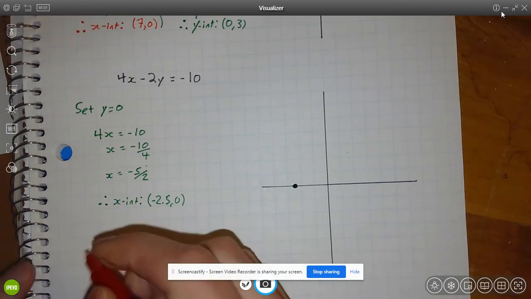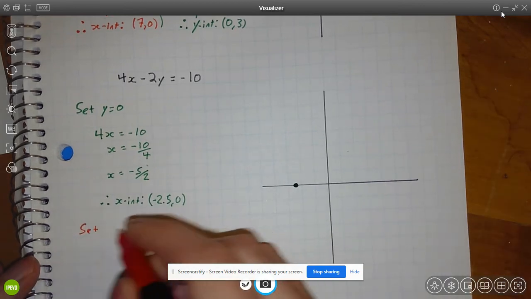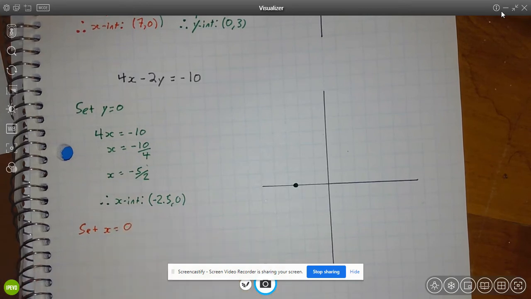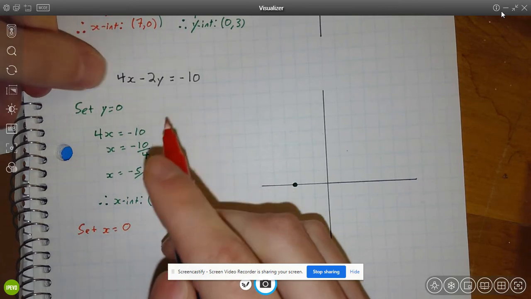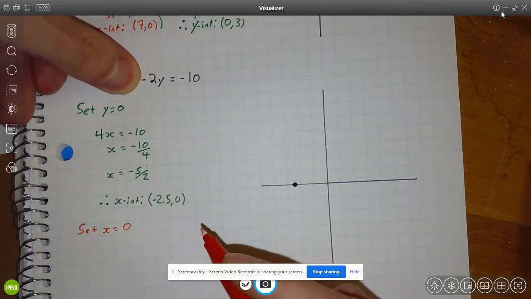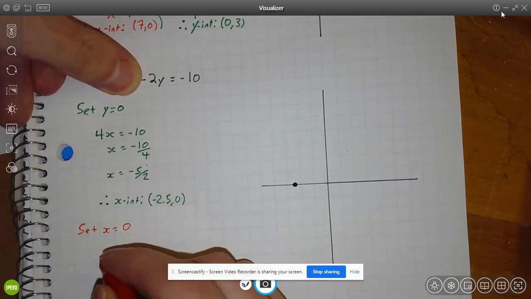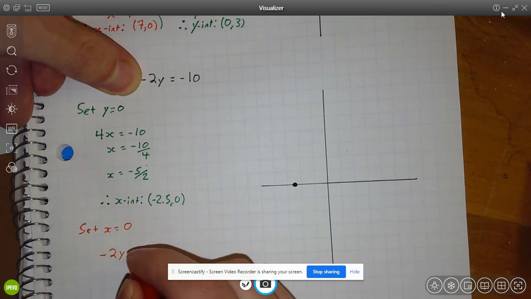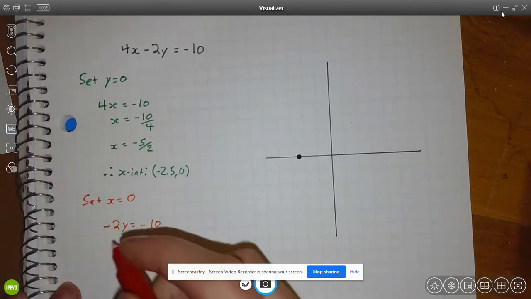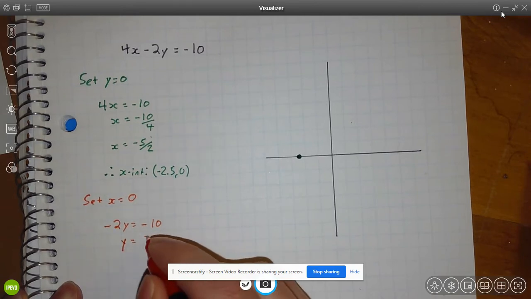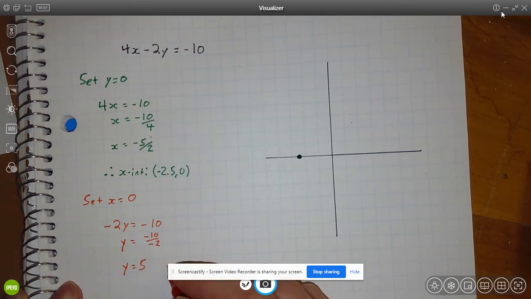And then to find the other intercept, because I need two points, I'm just going to set x equal to 0. Again, remember that the negative in front of the 2y belongs with the 2y, so when I set x to 0, I'm left with the equation negative 2y equals negative 10. When I divide both sides by negative 2, y is going to equal negative 10 divided by negative 2, so y equals positive 5.